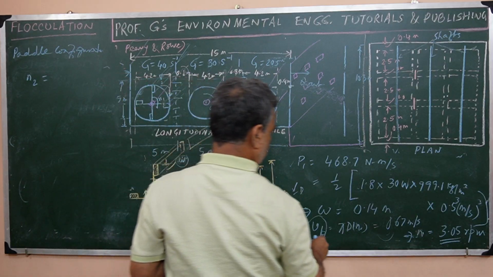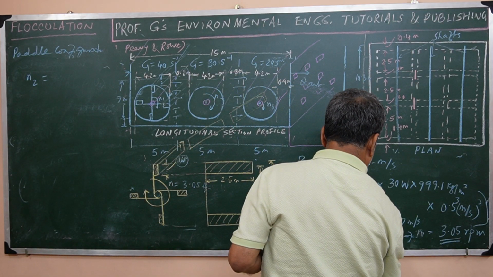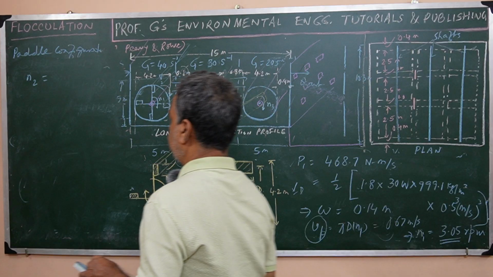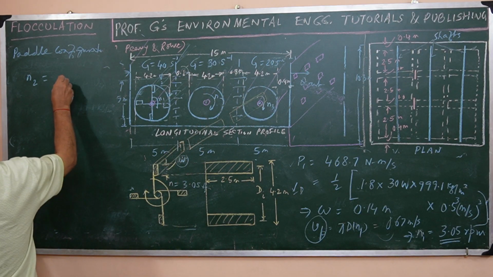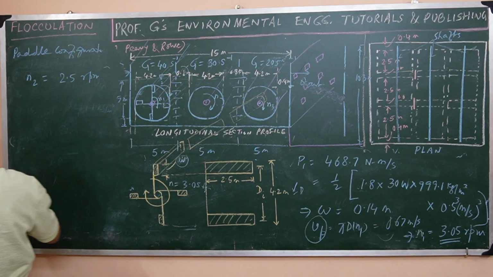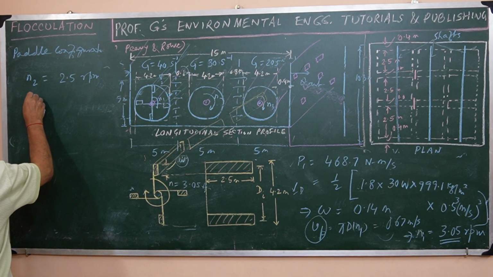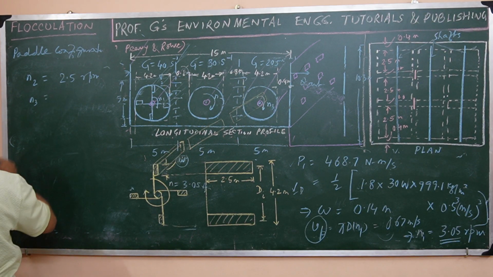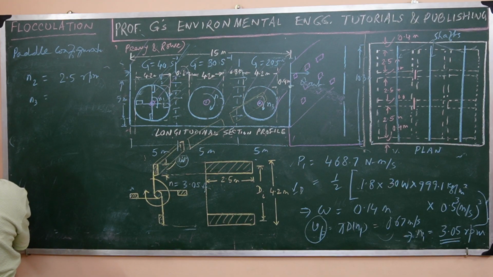So here let us say N1 for the first compartment, for the second compartment this would be 2.5 RPM, revolution per minute, and the third compartment, that is N3, will be equal to 1.91.